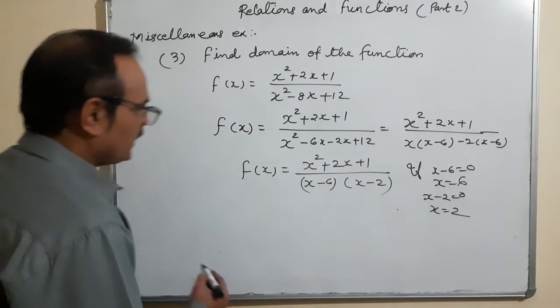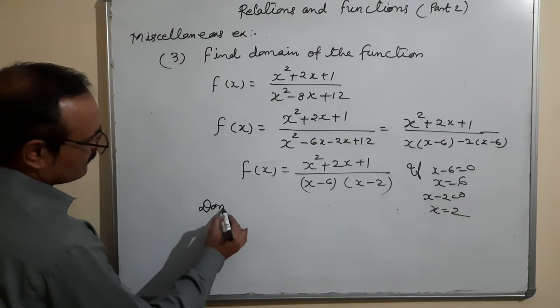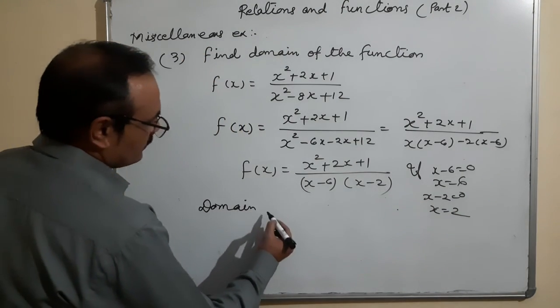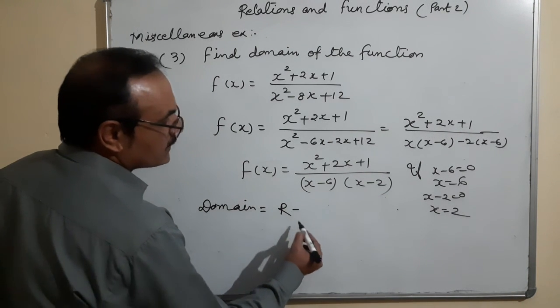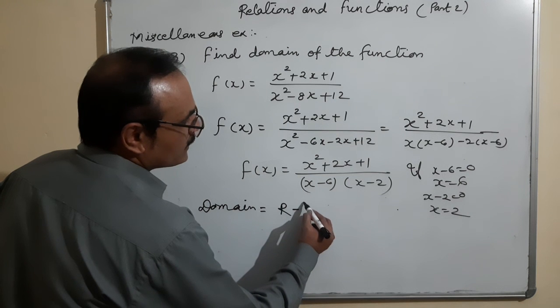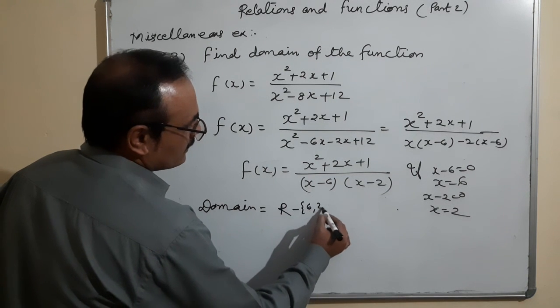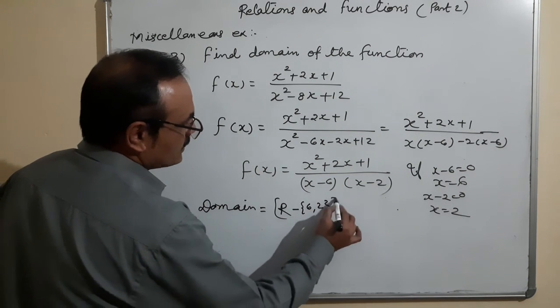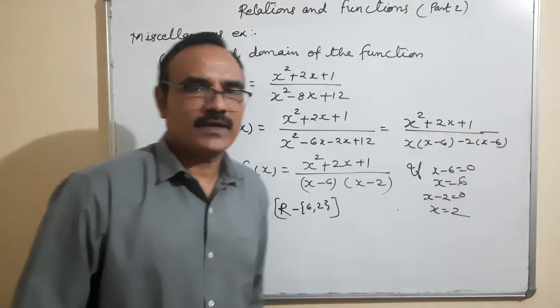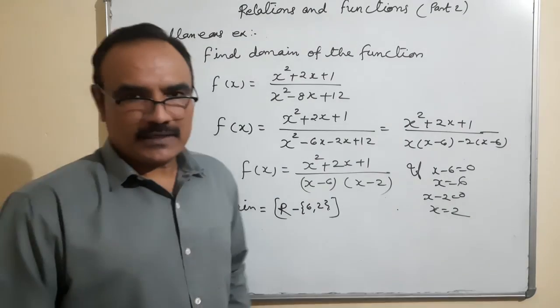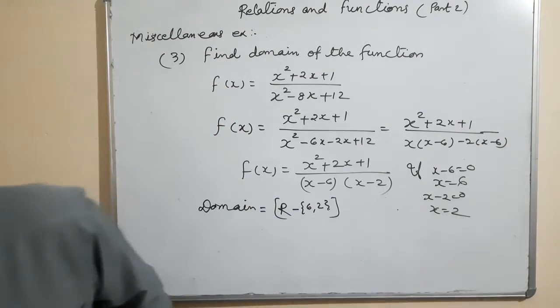So the domain is equal to real numbers minus 6 and 2. This is the procedure by which we get a domain.